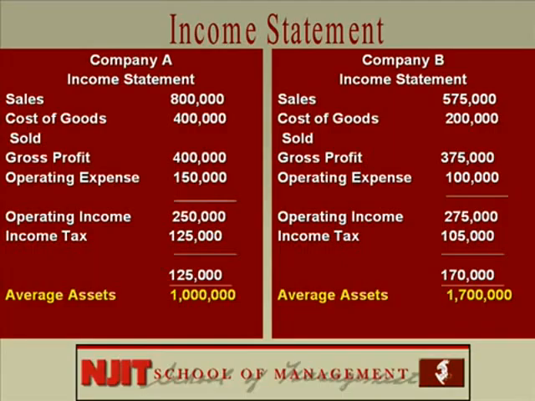Do you feel company B is doing better? If so, you may not be correct. To figure out overall performance, you use a ratio called return on assets, or ROA.